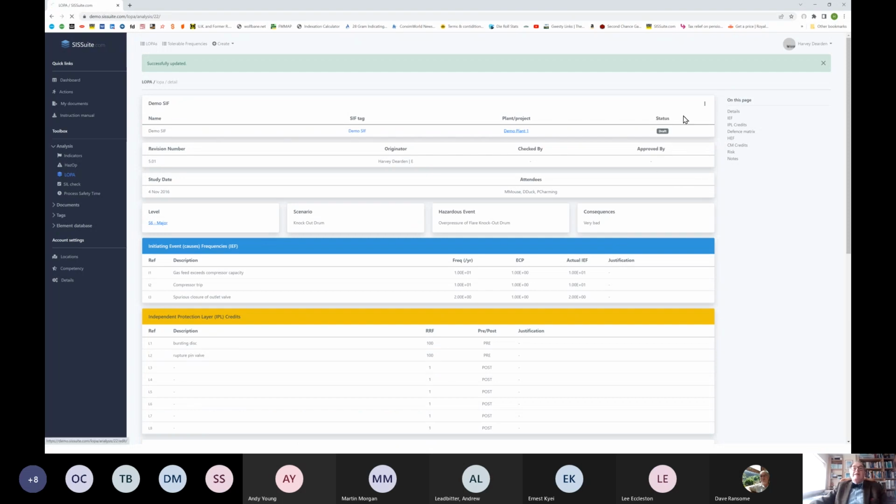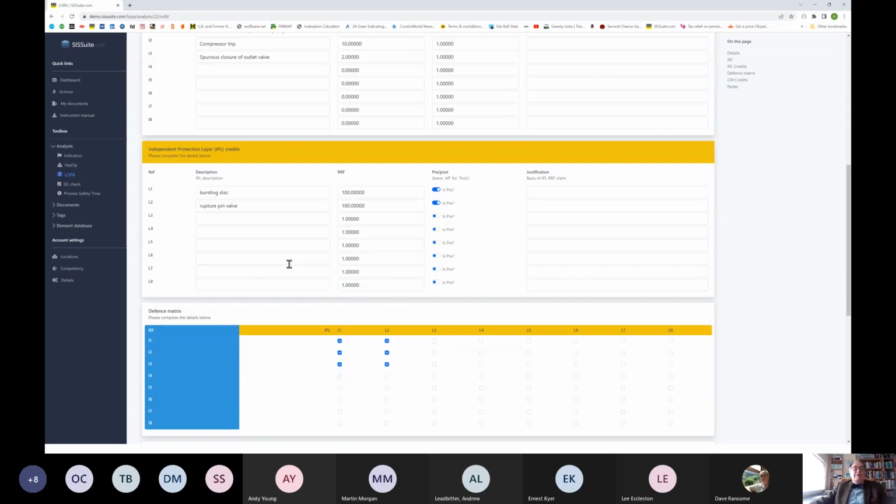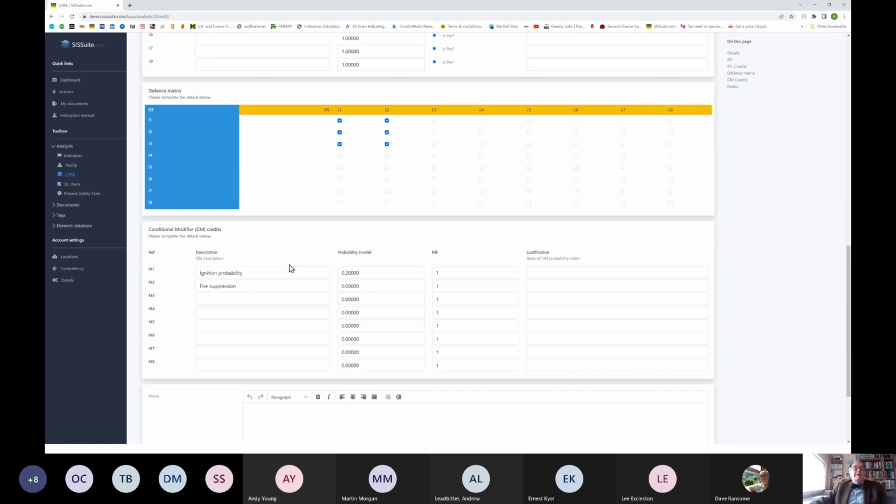So I shall now edit this again. And the only change I'm going to make this time is that I'm going to introduce fire suppression. No claim was made for it previously, but I'm now going to say that 9 times out of 10, the fire suppression would be successful. Okay, so the probability of it failing will be 0.1.